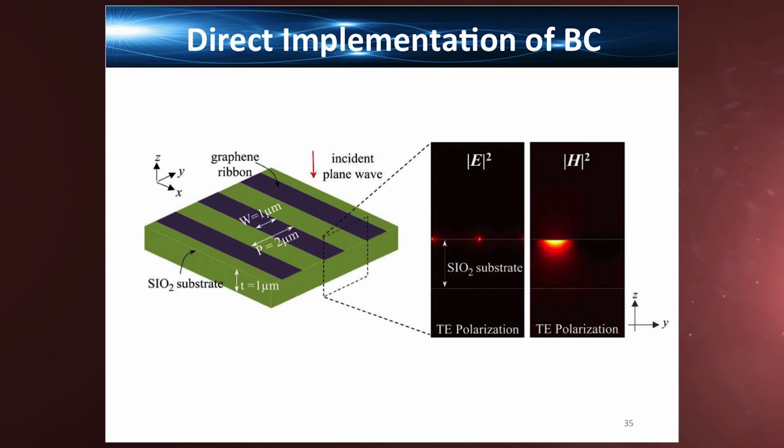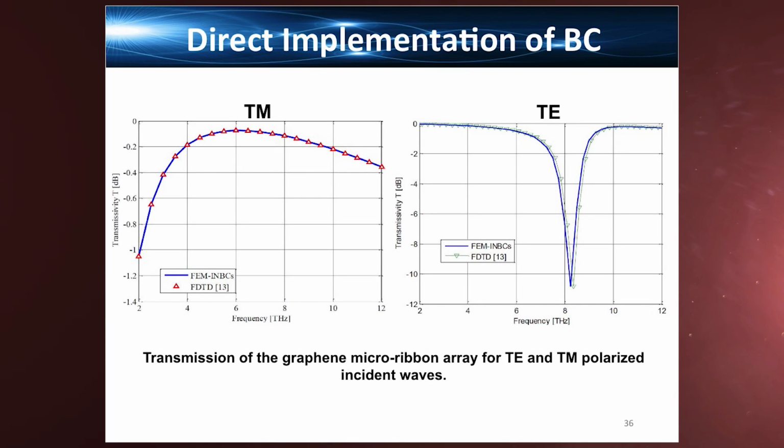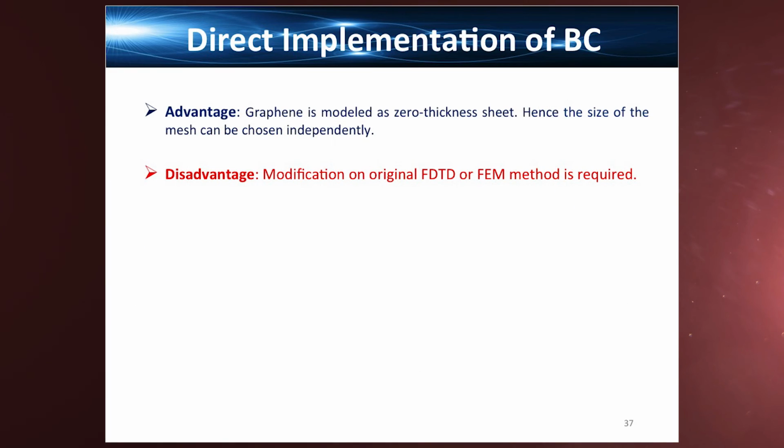Here you see the results of this problem using both finite difference and finite element methods, which are in very good agreement. So, the advantage of this method, the direct implementation of the boundary condition in the finite difference volume discretization method, is that you can choose the mesh size independently.